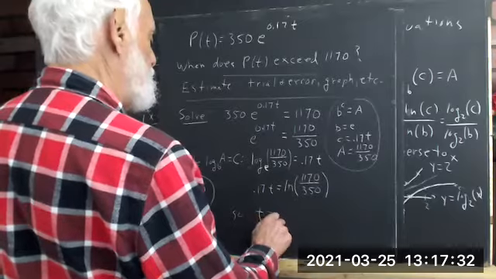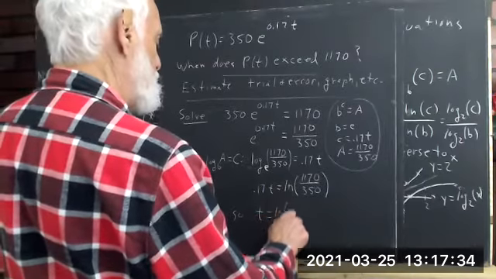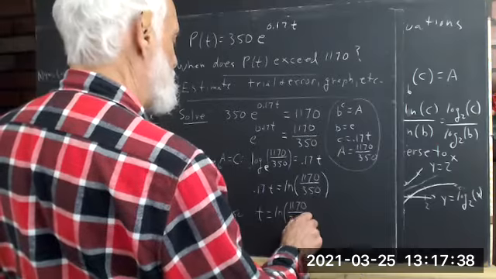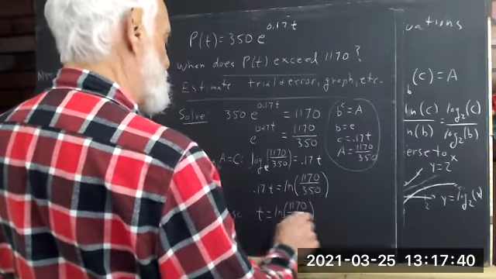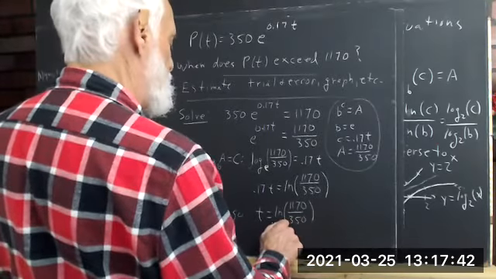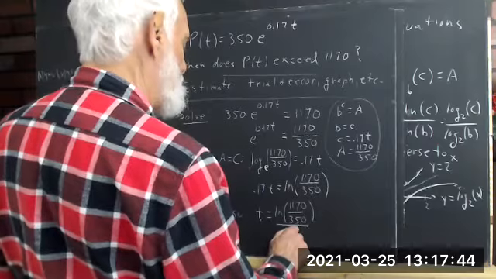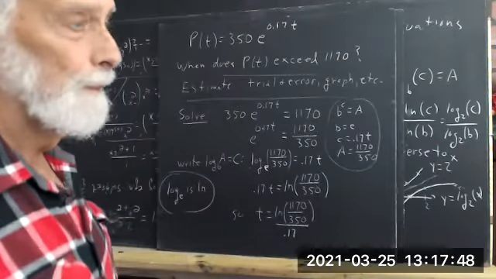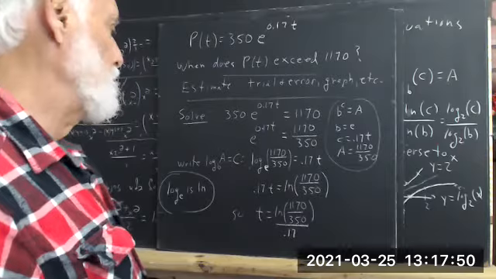So t equals the natural log of 1170 over 350 divided by 0.17. And now you can take your calculator.